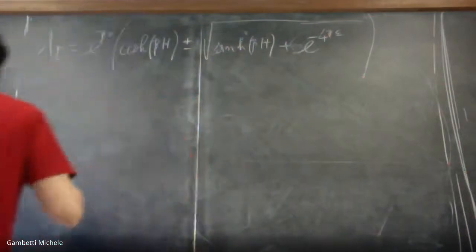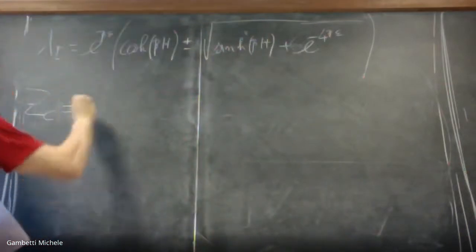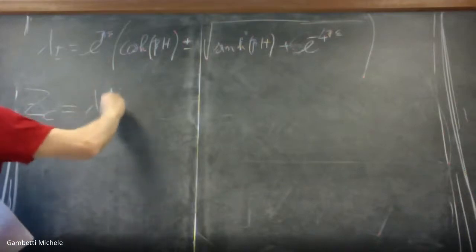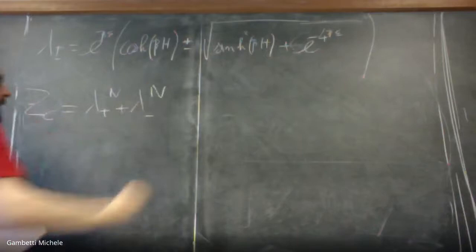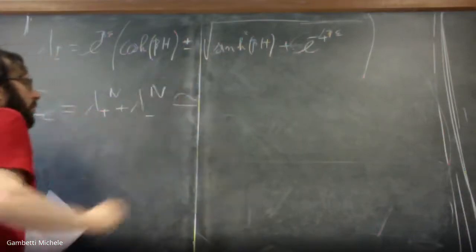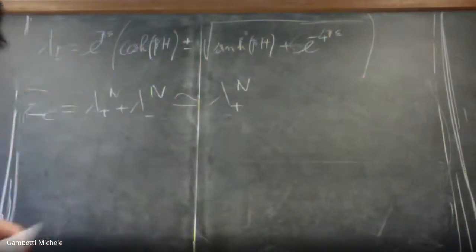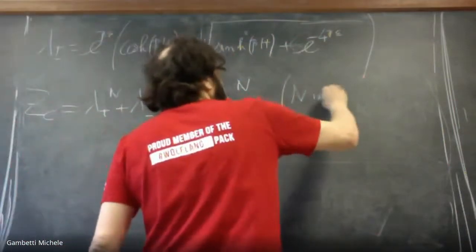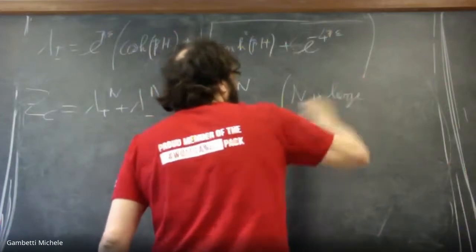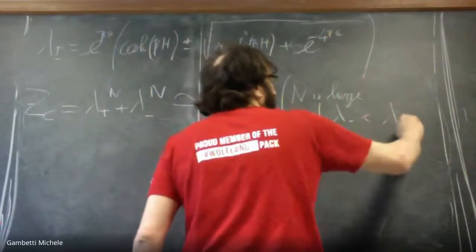Now the trace, so the Z of C, was lambda plus to the power of n plus lambda minus to the power of n, which is almost equal to lambda plus to the power of n, because n is very large and lambda minus is smaller than lambda plus.